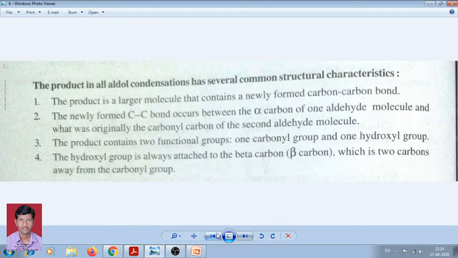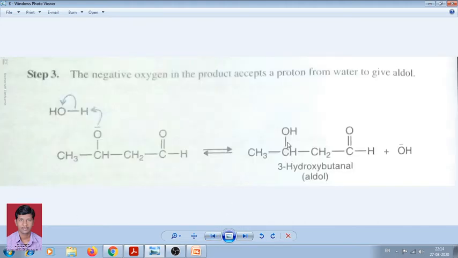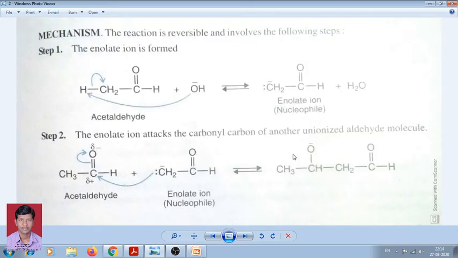In this aldol condensation, the hydroxy group formed is always present at the beta carbon atom. Why is this beta? With respect to the C double bond O from CHO, this is alpha and this is beta. These are the important characteristics of the aldol condensation reaction.